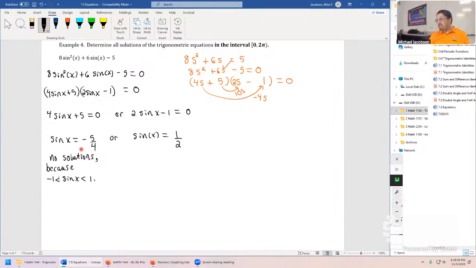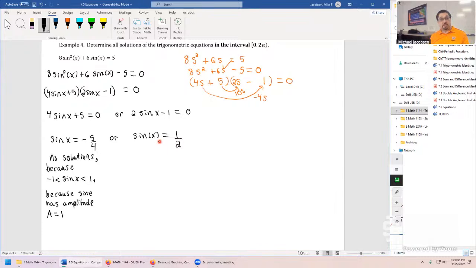Or another way to say it is because sine has amplitude a equals 1. So if you go beyond -1 or +1, if this was a 4, for example, same exact problem, no solutions. So that's kind of nice in a way. We could just move over to solving this one. Sine x equals 1/2.